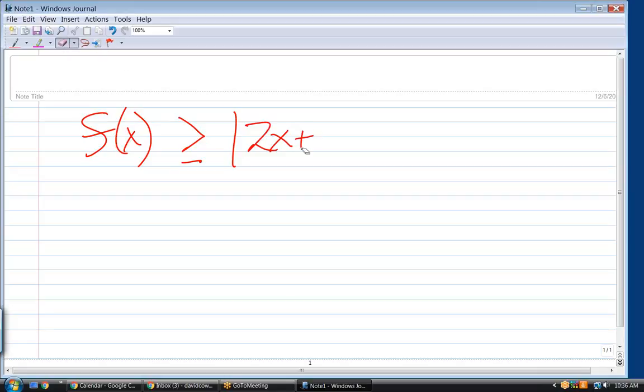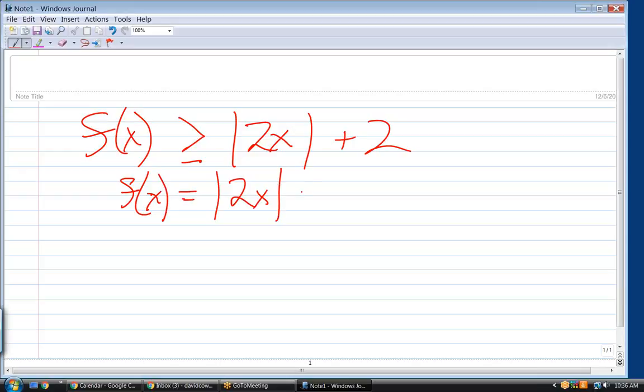Out. Where I'm going to start here is with the equality. So I'm really going to try to graph this thing because, first of all, it's a solid line. If I start with the equality rather than the inequality, I'll get the graph. And I just have to figure out whether to shade it above or below.